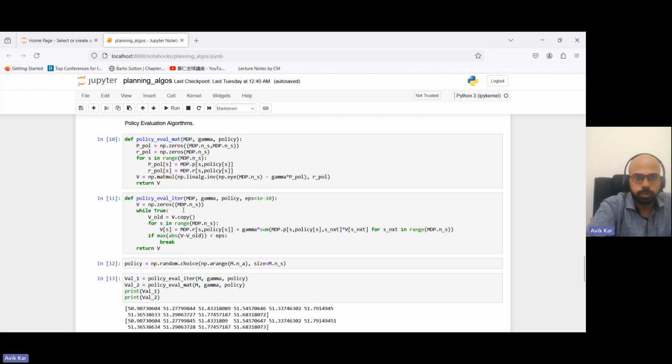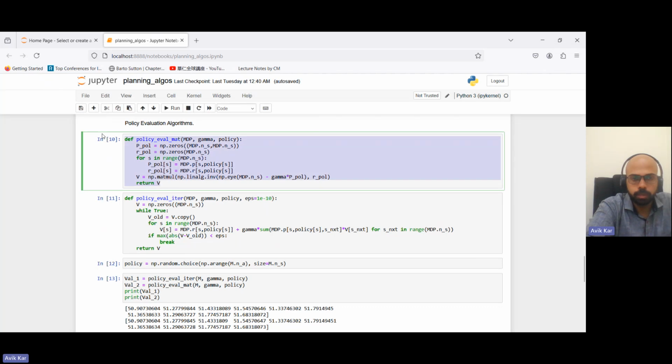So this first function, policy eval underscore mat, is evaluating the policy, input policy, using this particular method.